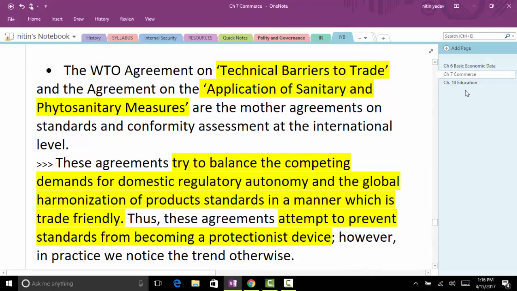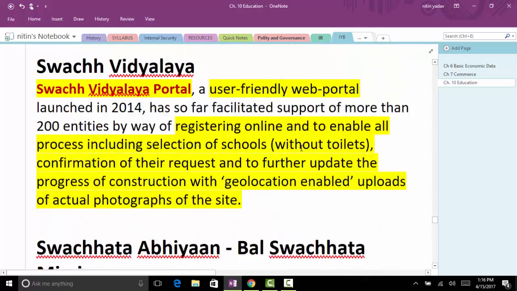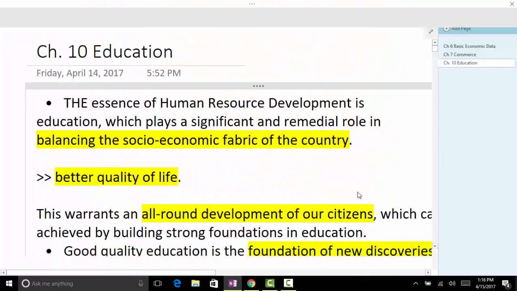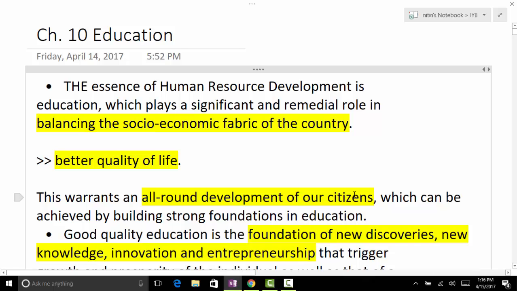Now come to the next chapter, chapter number 10. Now this is a very important chapter, education, for both PT and mains. The initial discussion is basically for mains.